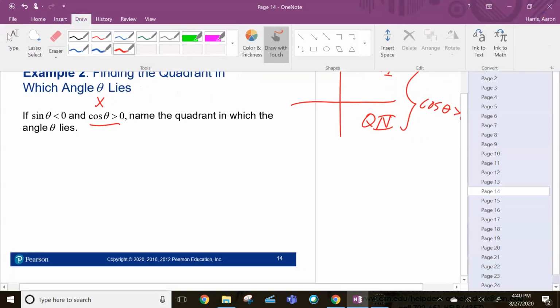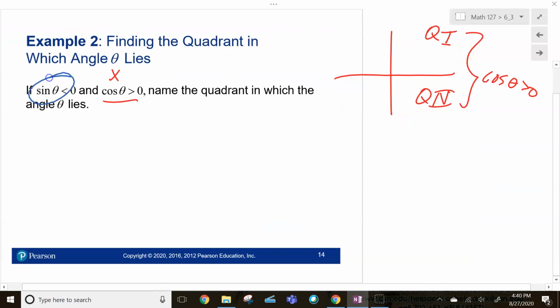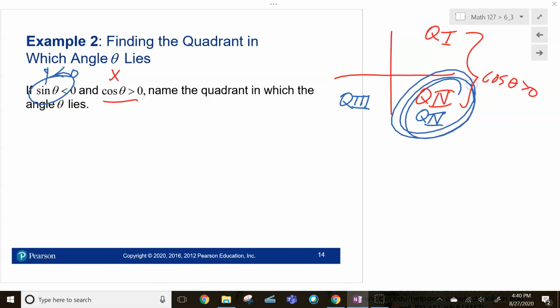Now, as far as my sine being negative, where's my y value negative? This is where my y value is negative, in 3 or 4. So where do they both occur? Where is my y negative and my x positive? Right there, quadrant 4.